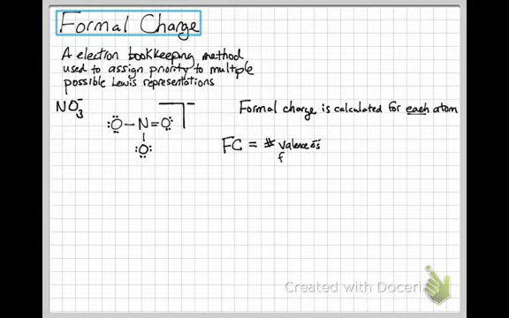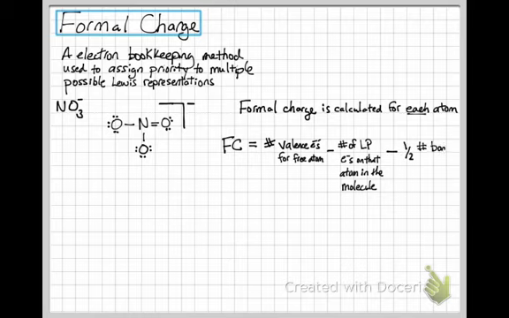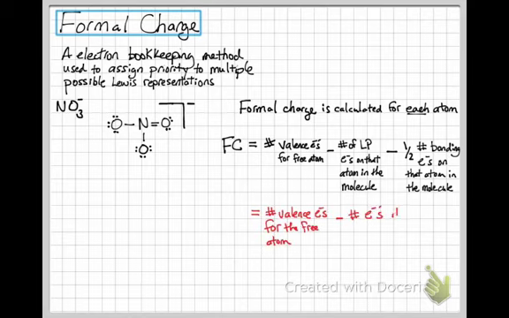And the formula is that formal charge equals the number of valence electrons for the free atom, minus the number of lone pairs of electrons on that atom in the molecule or ion, minus 1/2 the number of bonding electrons on that atom in the molecule or ion. And this essentially works out to be the number of valence electrons minus what I call the number of electrons that the atom in that molecule owns.